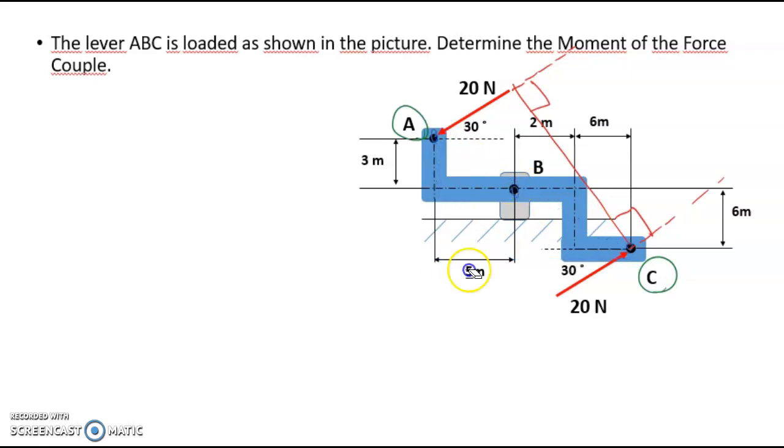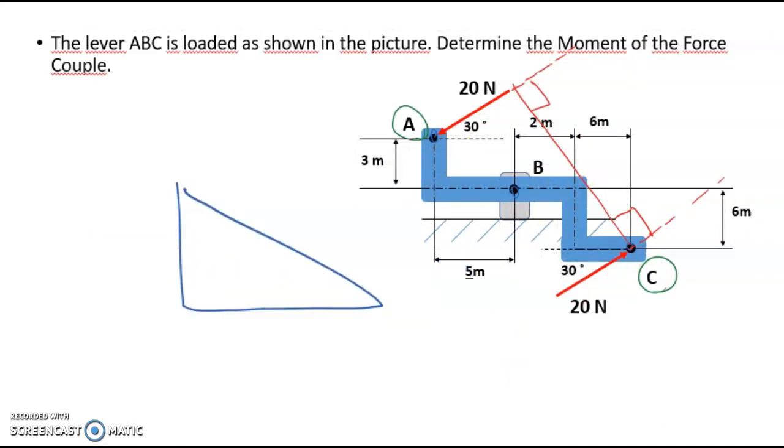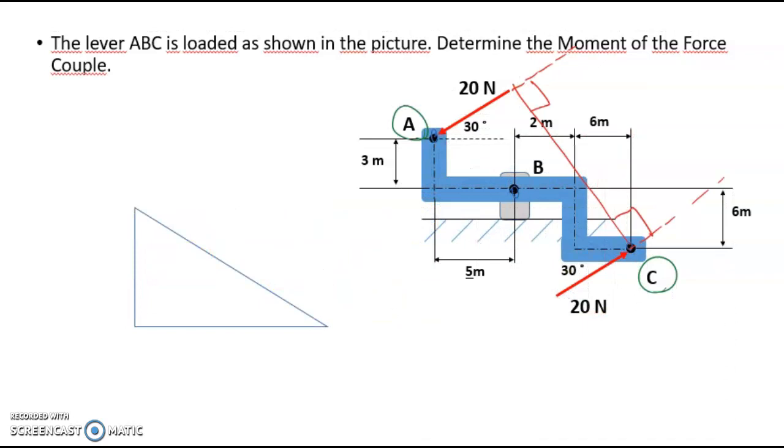Something like that. That right triangle will have this distance.